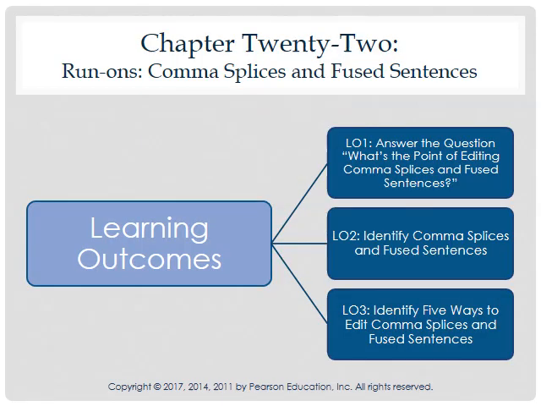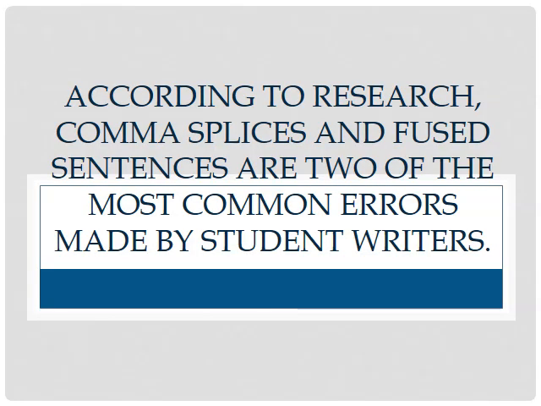Okay, so the learning outcomes of this chapter: we're going to determine what the point is of editing comma splices and fused sentences, identify what they are with some examples of both, and then identify ways to edit those sentences. According to research, comma splices and fused sentences are two of the most common errors made by student writers.